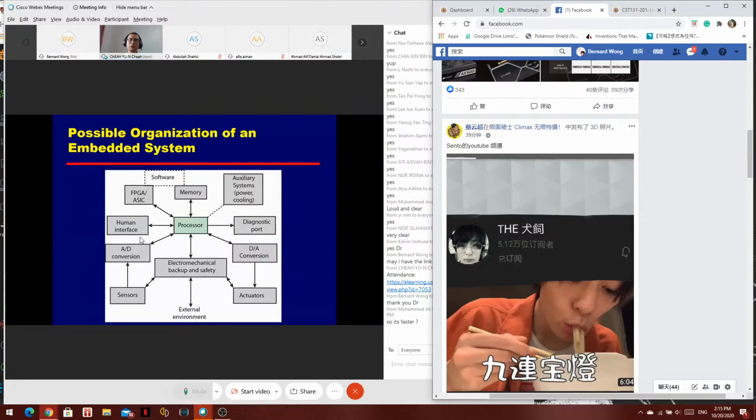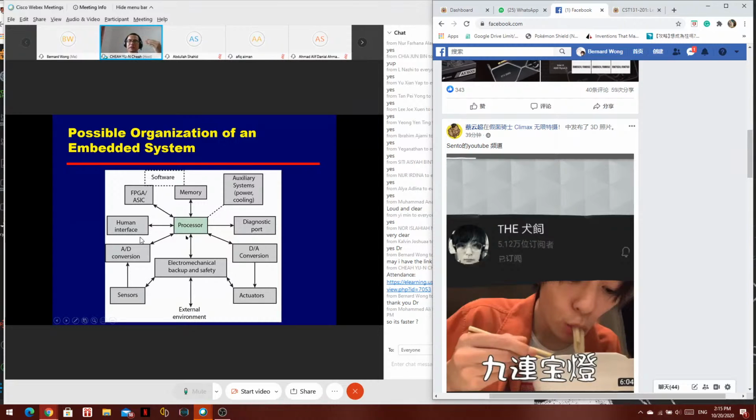Okay. So the organization of how the embedded systems work will probably look something like this. Right in the center you have the processor, probably an ARM processor, and then look at whatever is outside of it. You have some software, some memory, but you have also other things like the human interface and actuators, because sometimes the processor needs to trigger a mechanical device to move. That's how the actuators work.